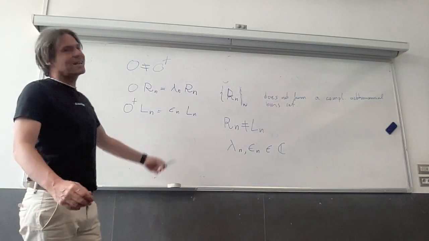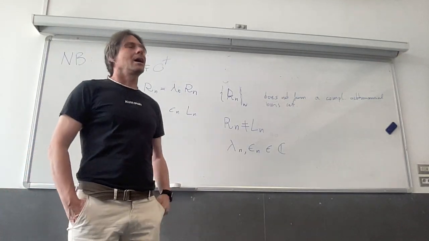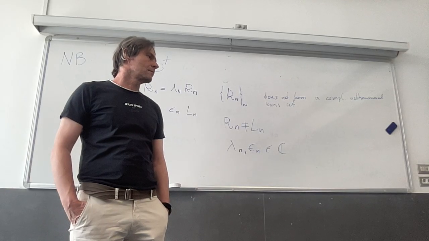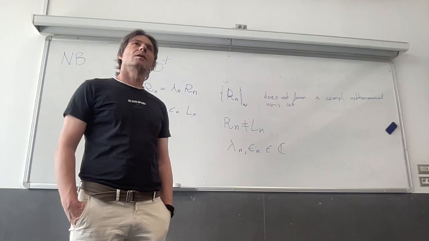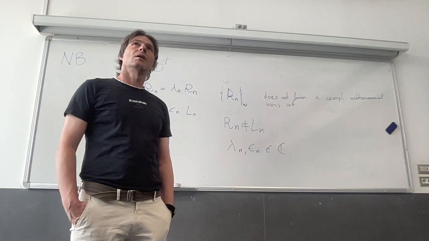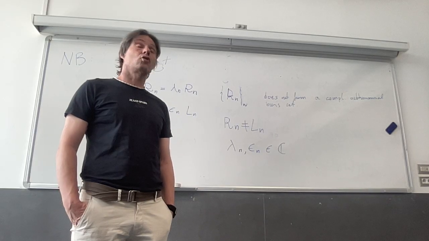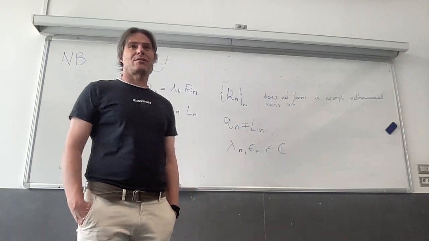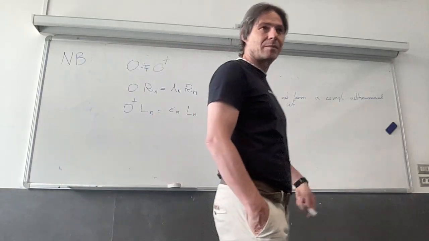So I'm just saying that if you violate what's that called? The Jordan lemma, if I remember well, is the lemma that says that if you have a Hermitian operator, you have all these nice properties.